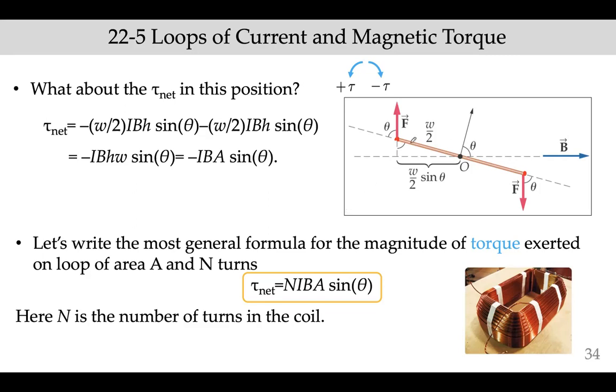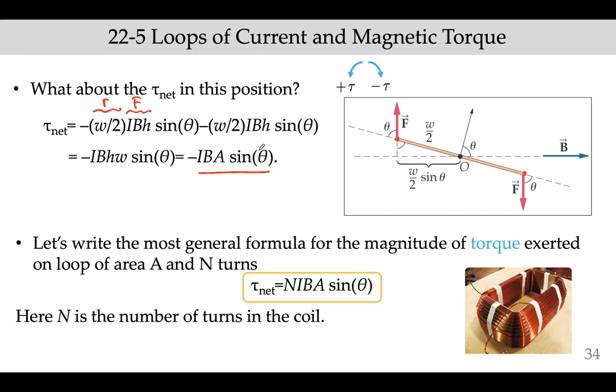Now, the only difference here is we will write the torque the same way. So this is basically R, this is basically F, and we have the sine theta. The difference is the theta is not 90 degrees anymore, so we have to leave it as theta. So in this general situation, the answer is IBA sine theta.